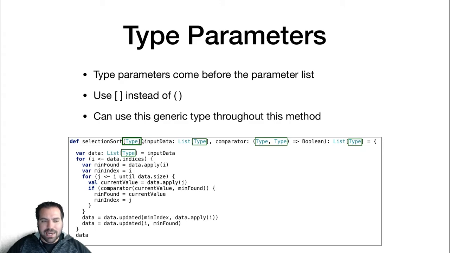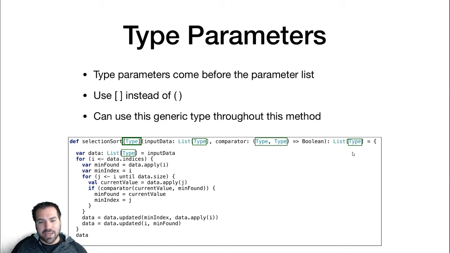So we can have a second parameter list which takes type parameters, and this can be any type that somebody gives us at runtime. Now we can't access anything specific about this type because we have no idea what this type is. It could be any type that the caller specifies, but we can use this type throughout our method. So if somebody says, I want to sort some type, well, as long as you give me a list of that type and a comparator that compares that type, I'll return you a list of that type in sorted order.